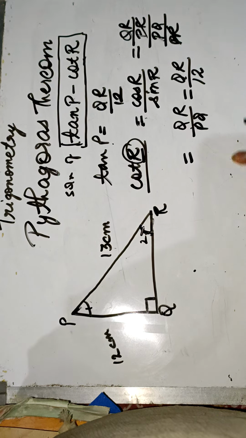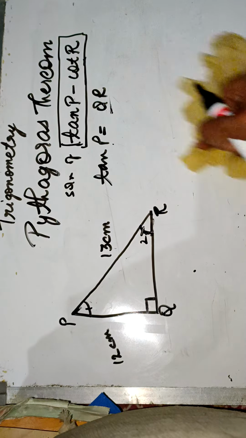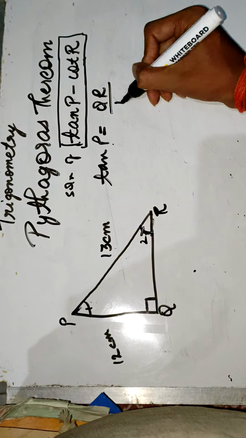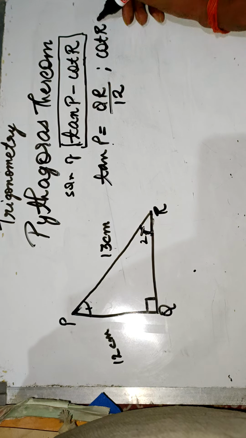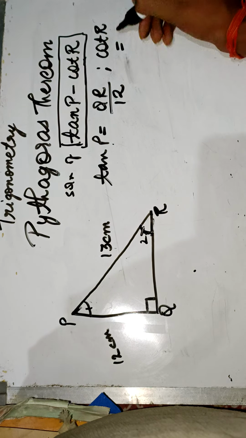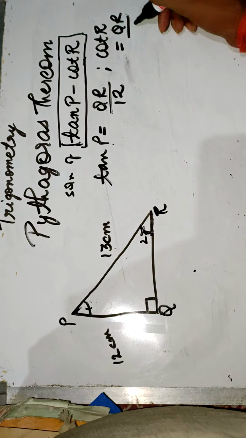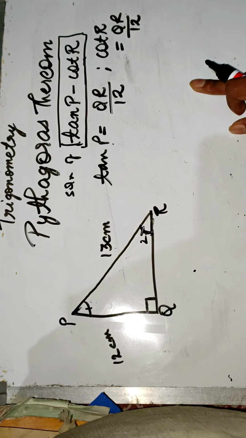Alright, now we have to deal with the solution part. We have seen that tan P is equal to QR upon 12 and cot R is equal to the same value, QR upon 12. So now what should be done?